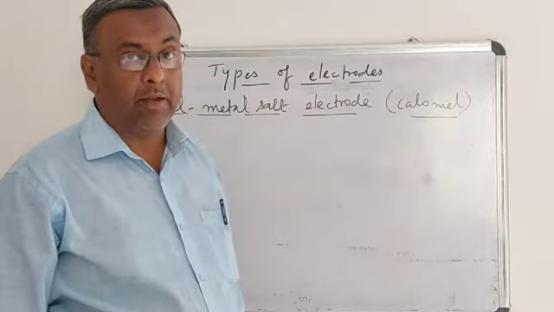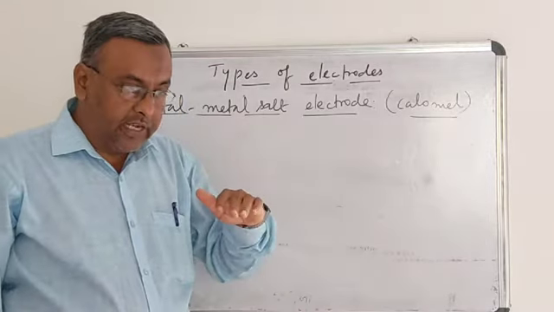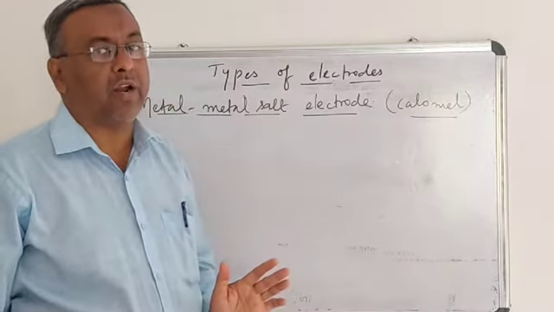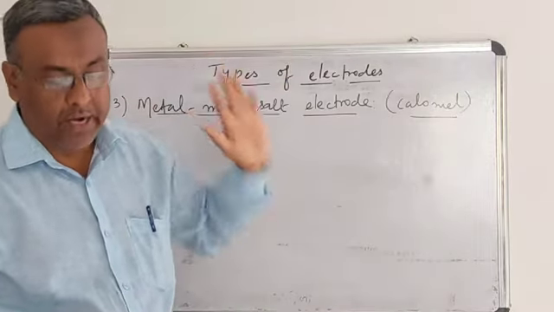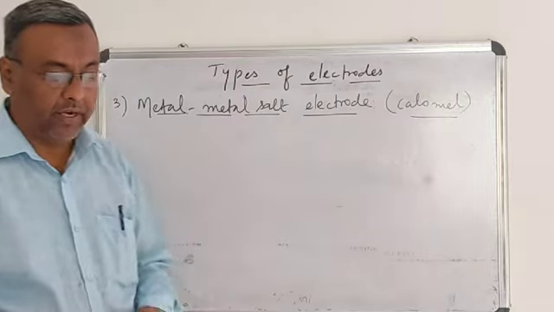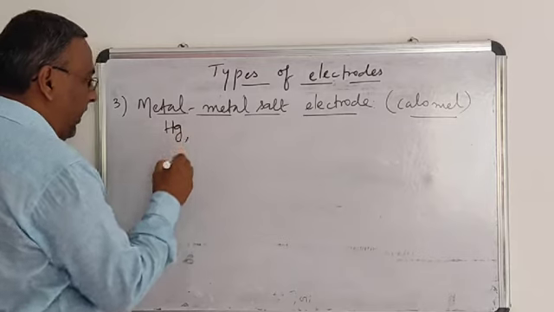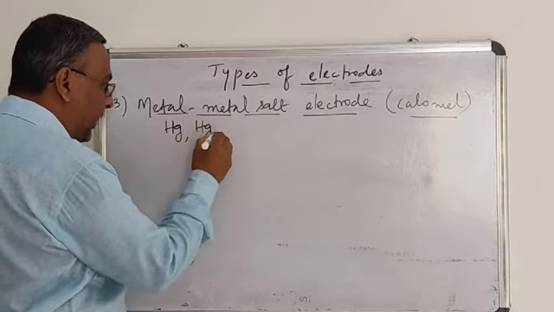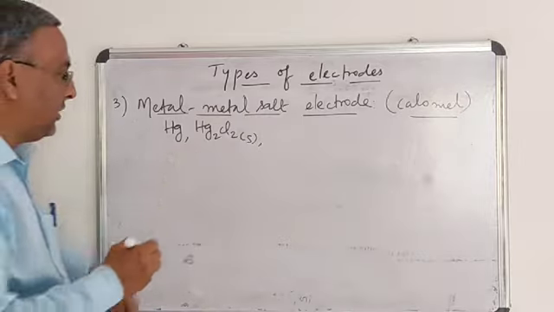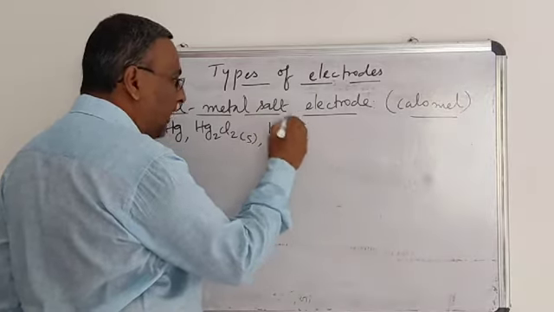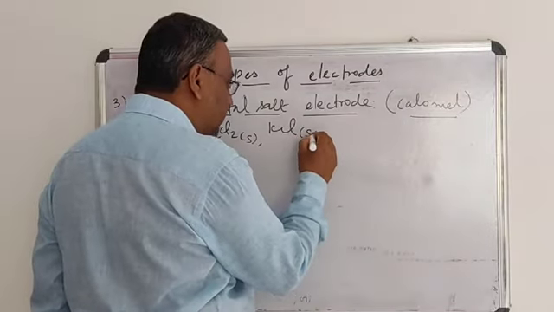In the calomel electrode, solid mercury is covered with a paste of mercurous chloride and a solution of potassium chloride is used. That is, the electrode is represented as mercury covered with its sparingly soluble salt mercurous chloride, in contact with saturated potassium chloride solution.